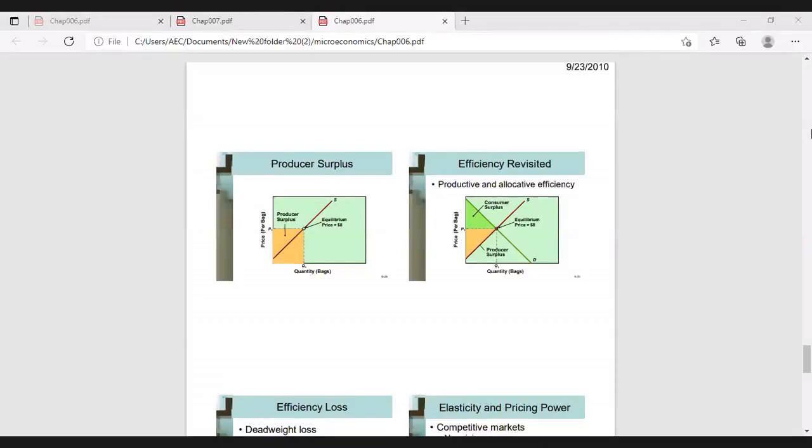So the maximum is this triangle area. You can see the green color and yellow color are the maximum. We cannot have more producer and consumer surplus than this. Together, society gets this gain. The consumer is a part of society, and the producer is also part of society.